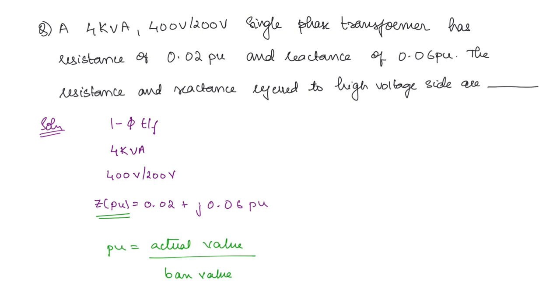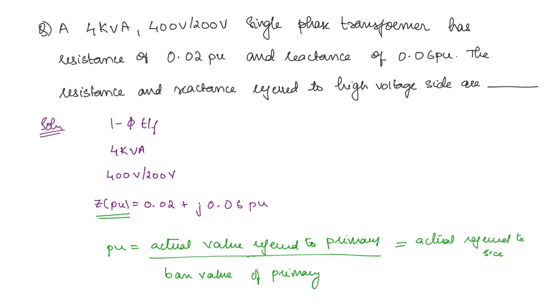Now the actual value referred to primary needs the base value of primary, and the actual value referred to secondary side needs the base value of secondary side, right?